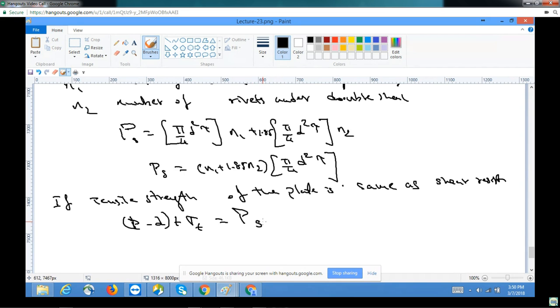So in that case, you can directly equate and get your pitch as (n1 plus 1.85 n2) pi d square tau divided by 4 t sigma T, plus d.